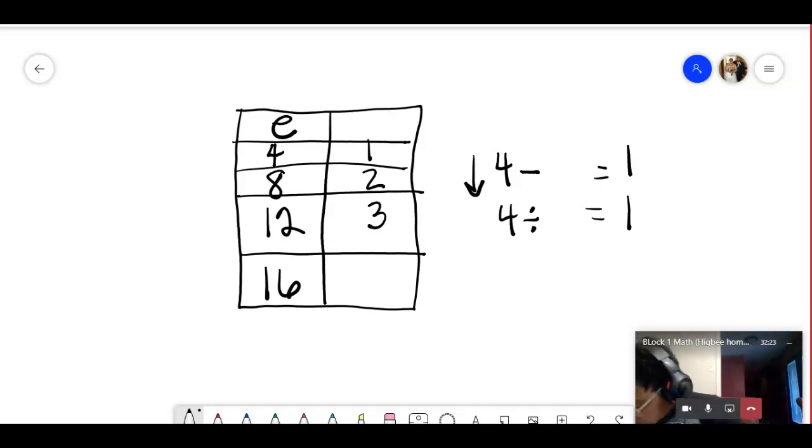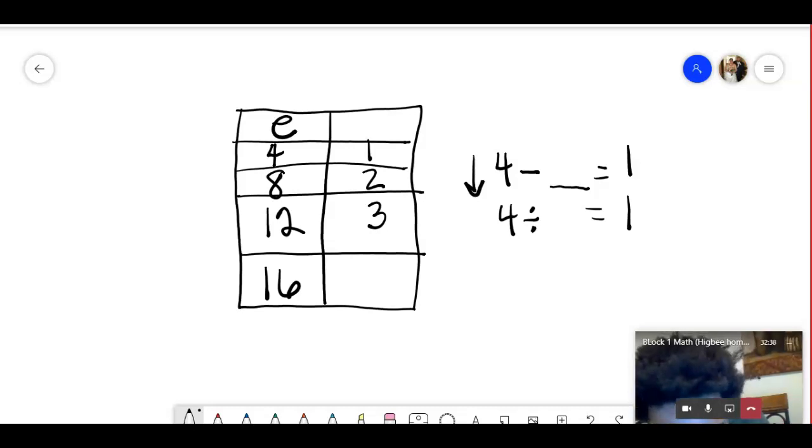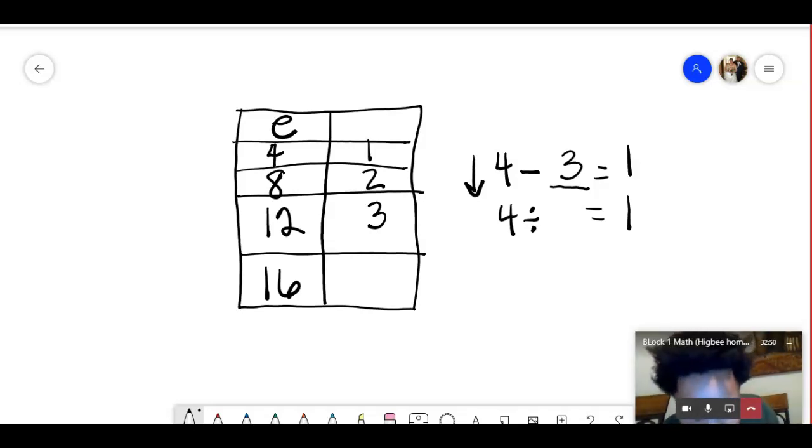Jada, tell me, what would I have to take away from 4 to get 1? Four minus what would get me 1? Good. Isaac, 4 divided by what gives me 1?